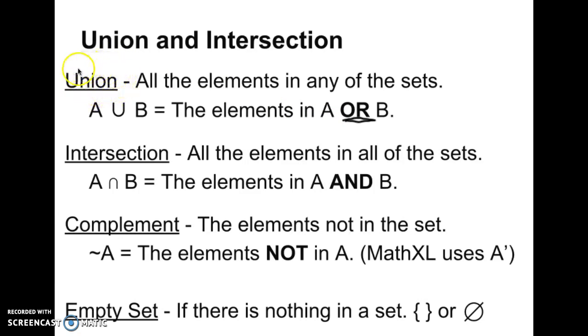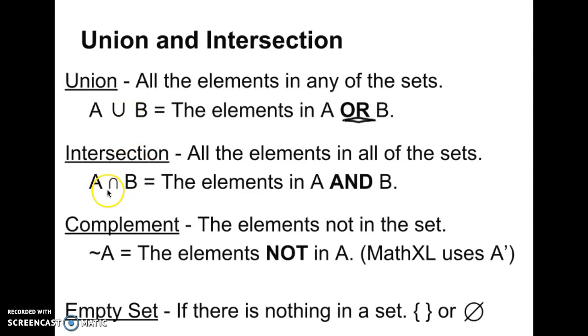If you've ever heard of a wedding being called a union, well, all the people that the bride wants to invite and all the people that the groom wants to invite come together. And so it's all the people that are friends with A or B. So all of those people together. I just join them together.